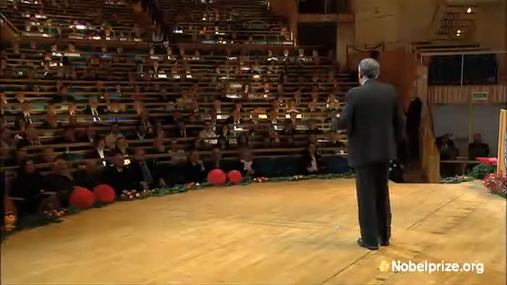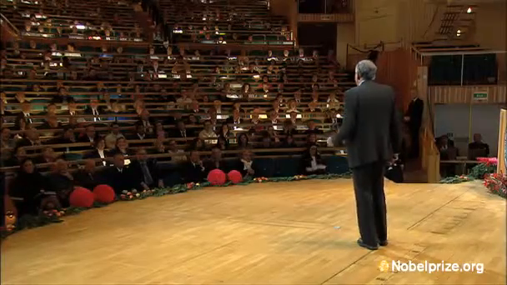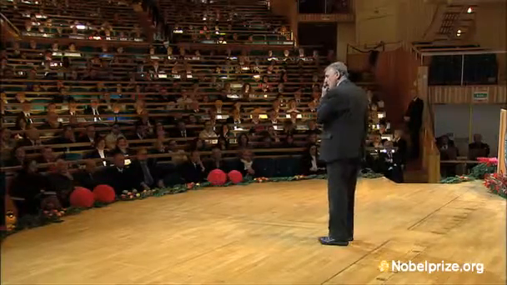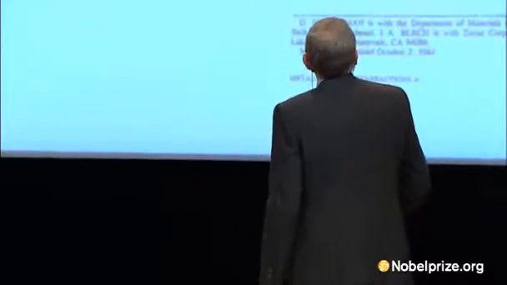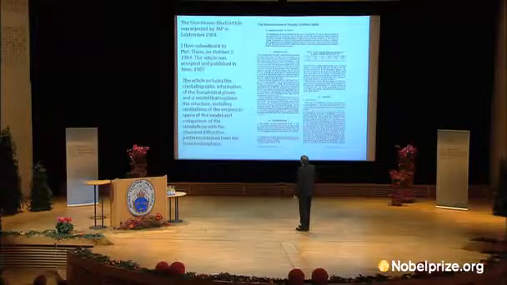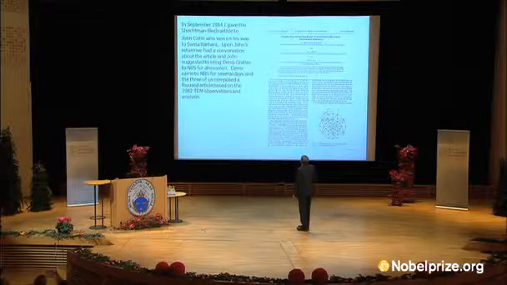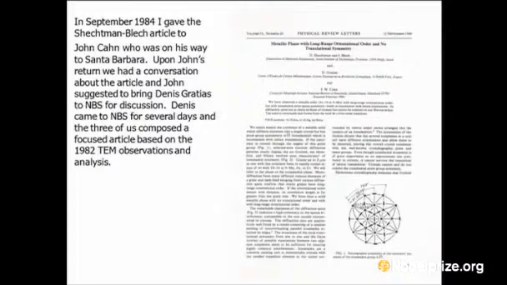In the meantime, I showed my results to John Kahn. John Kahn was very enthusiastic about our findings and results, and he proposed to write a different paper, much shorter, much more concise. And to do that, he invited Denis Gratias, an eminent mathematical crystallographer from France, and the four of us published a much shorter paper which had all our names, Shechtman, Blech, Gratias, and John Kahn.